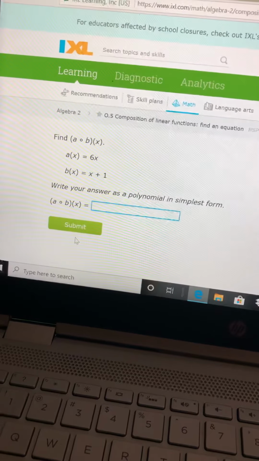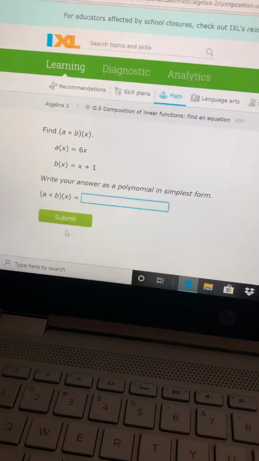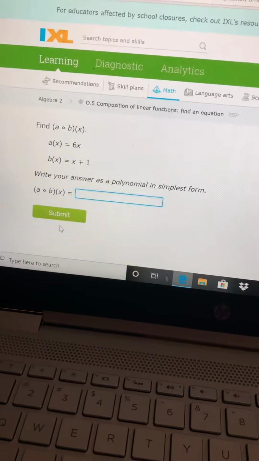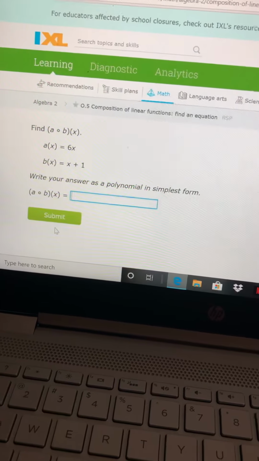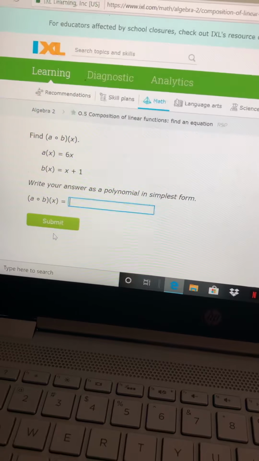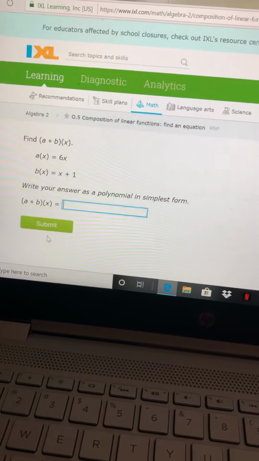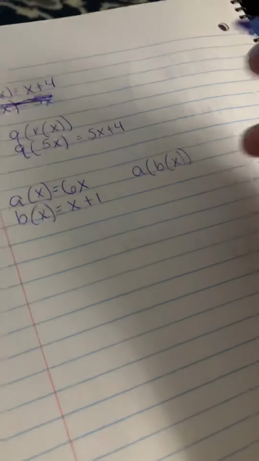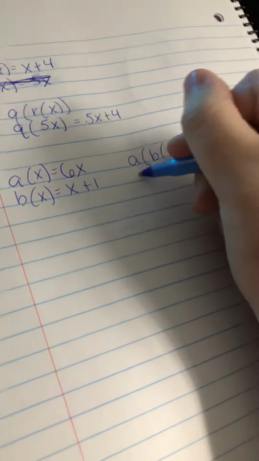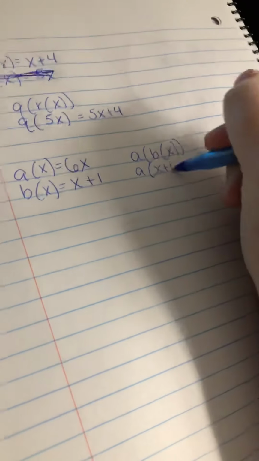Okay, so this next one says A of X equals 6X and B of X is equal to X plus 1. And it says find A of B of X. So again, I'm going to rewrite that like this. A parentheses B parentheses X. So B of X is X plus 1.